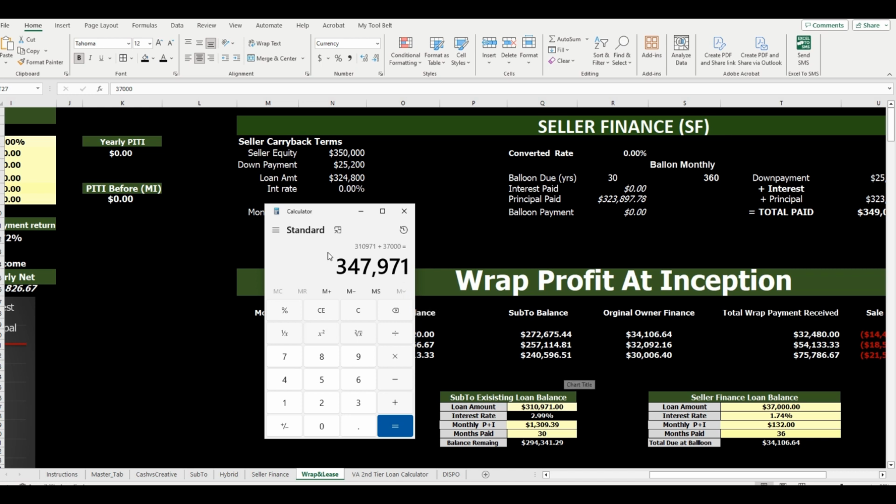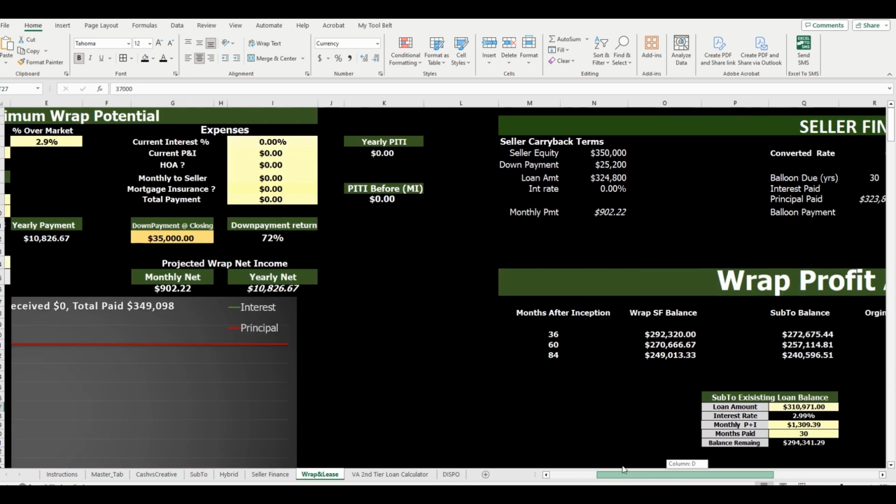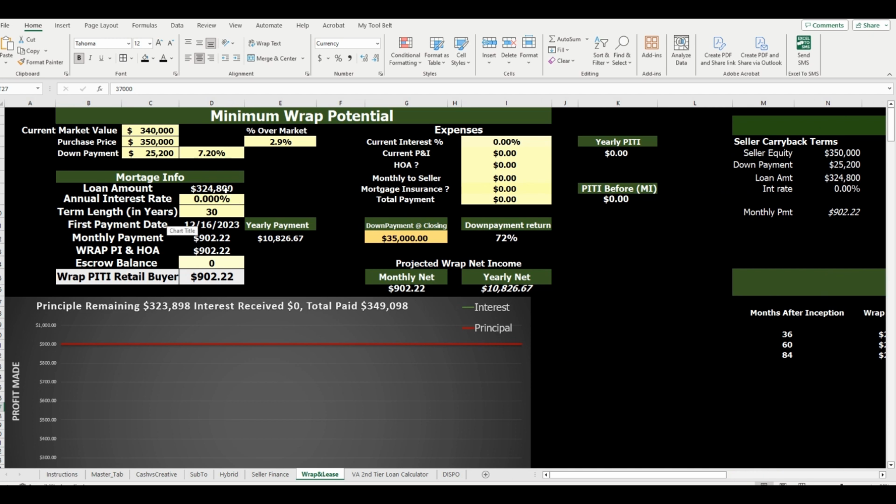So I'm going to now go up to the left-hand side of this calculator and adjust my numbers accordingly to, let's say, that the loan amount remaining from the retail buyer is going to be $350,000. And so let's do that now, because right now we're at $324,000. So this needs to be closer to the $350,000 mark. So what we can do is come up on the purchase price. We're only at 2.9% over market value at this moment in time.